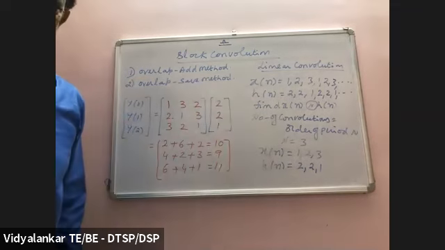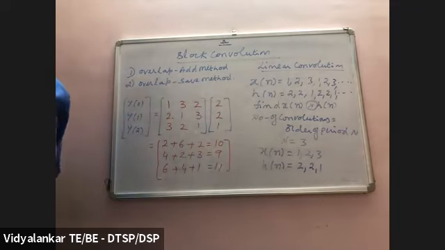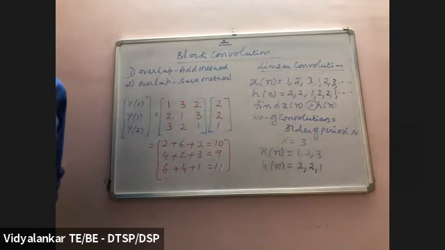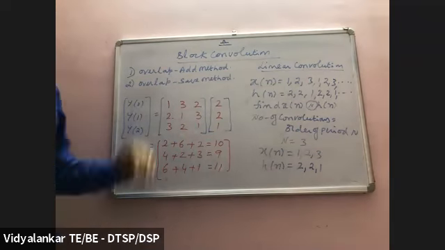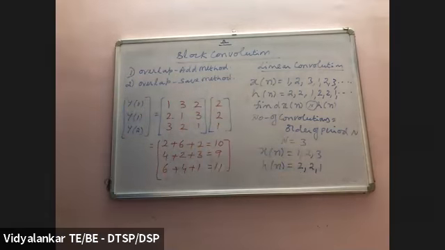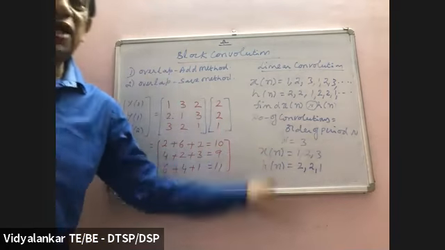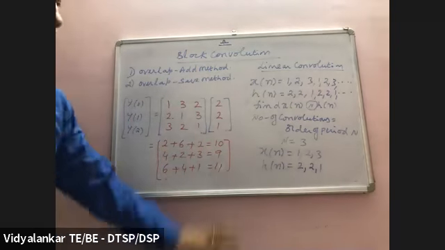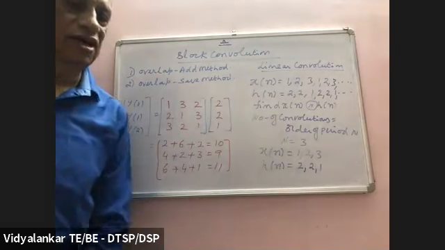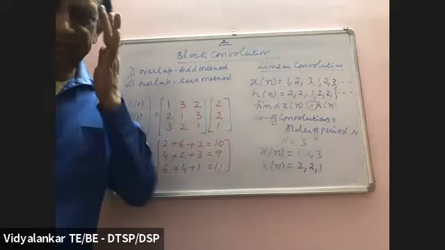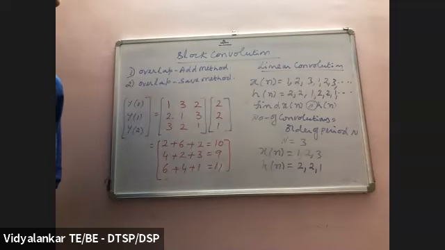Sir, this is circular convolution, no? This is known as circular convolution. The earlier one is known as linear convolution. But in the overlap add and overlap save methods, we apply linear convolution using the circular method. So the third one I am taking is linear convolution using the circular method.